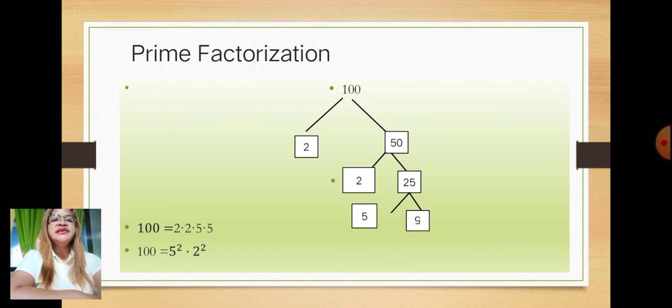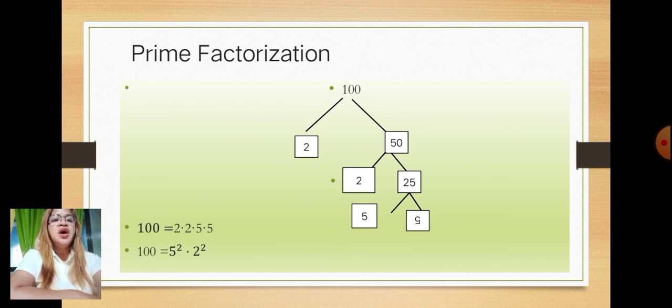I have here an example of prime factorization, since unique factorization is also called prime factorization. Using our factor tree, we take number 100. Number 100 is divisible by 2.